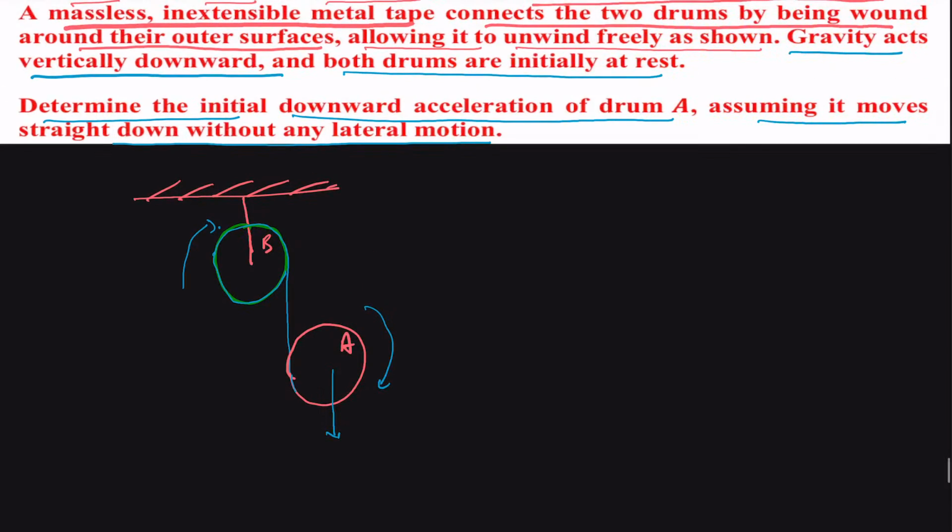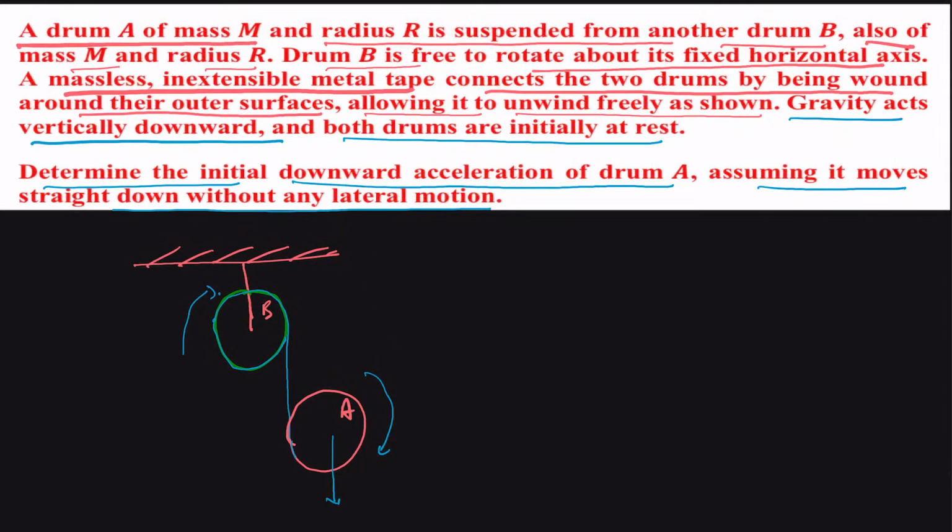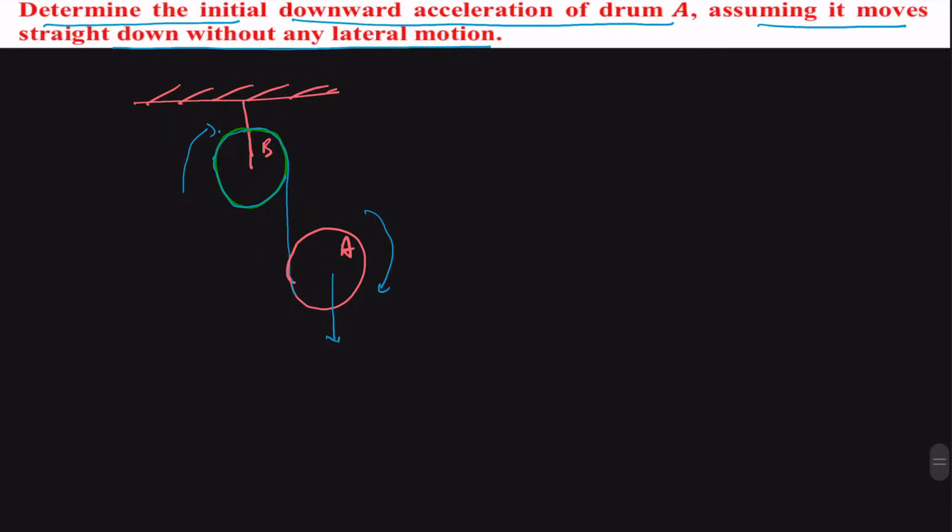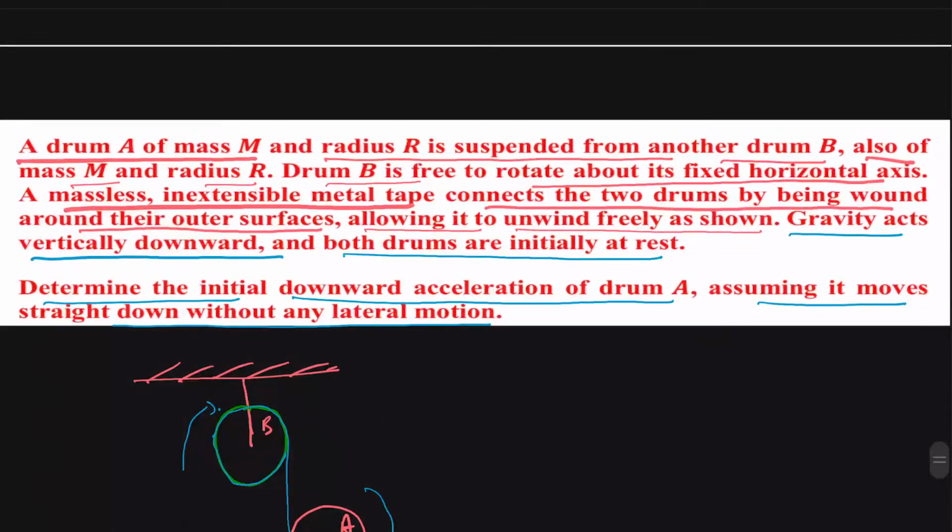I think it is mentioned there, one second. The two drums are wound around their outer surface, allowing it to unwind freely. Okay, so it is only unwinding freely. So we have a drum suspended from the drum.